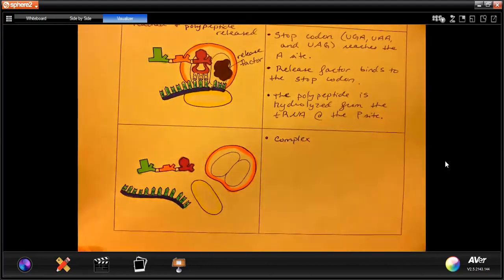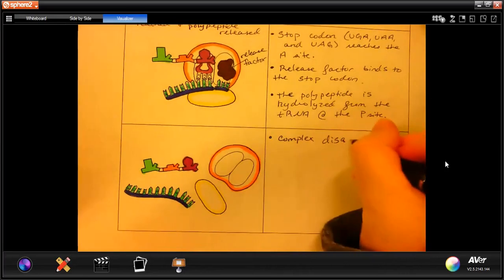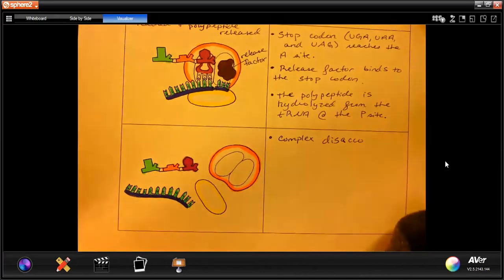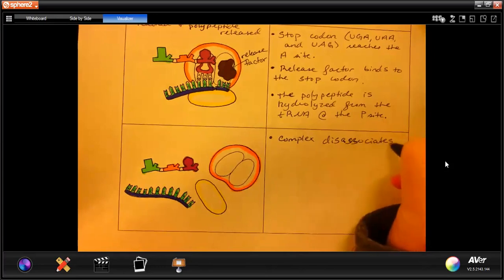The mRNA goes on its happy way, the small ribosomal subunit goes off, and the large ribosomal subunit. That doesn't mean that these two won't immediately bind again to another mRNA, but it has to completely dissociate to start over again. Dissociates, there we go.